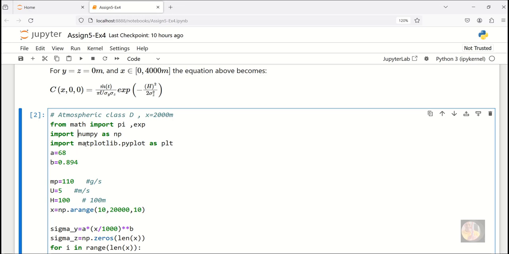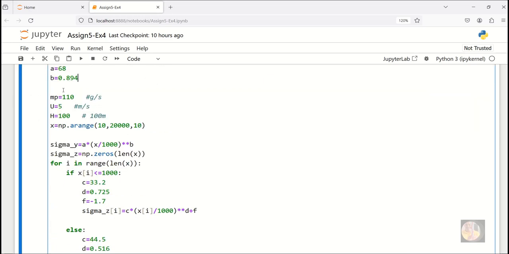I'm going to plot this to show you the result. For A it is 68 and B is 0.894, right? Good. The emission rate is 110 grams per second, so later on I'm multiplying by 10 exponent 6 to have a result in micrograms.